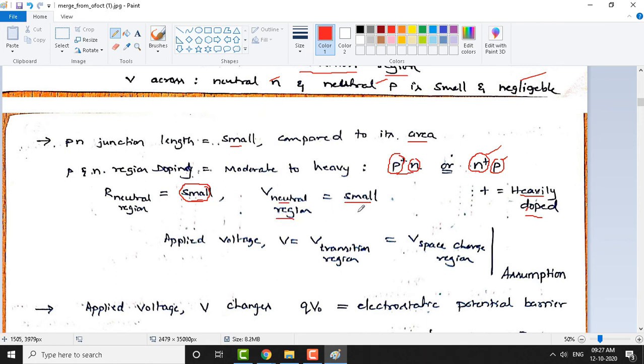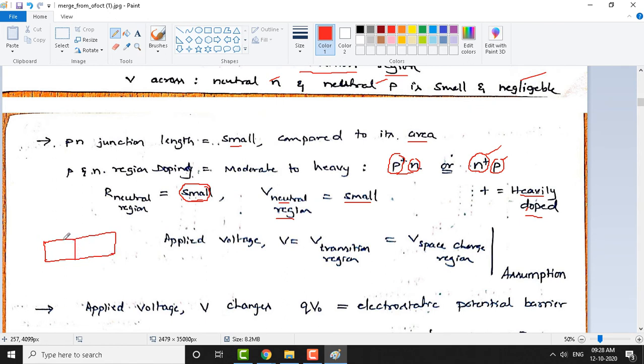Okay, so there is no significant drop across the neutral region. I hope you understand what we mean by neutral region. Suppose you take a PN junction, the neutral regions are those which are away from the junction. So don't forget this theory.